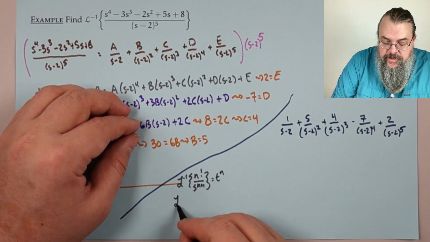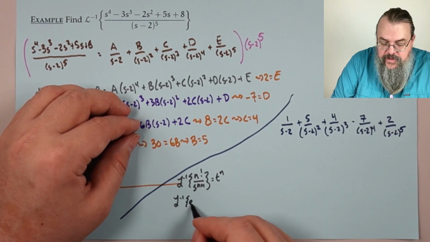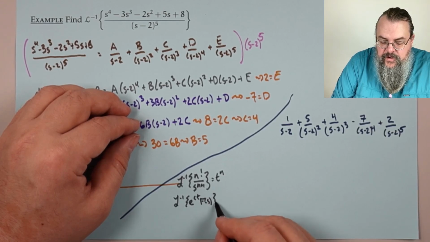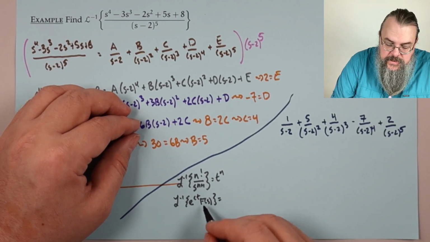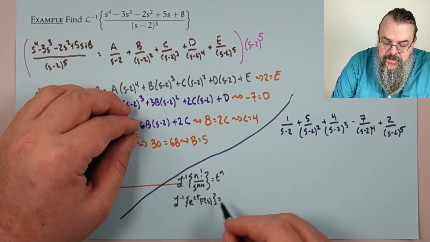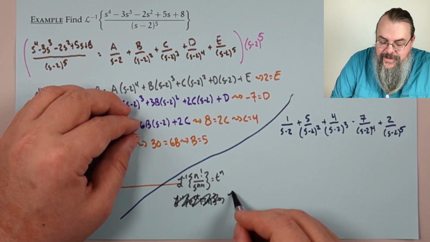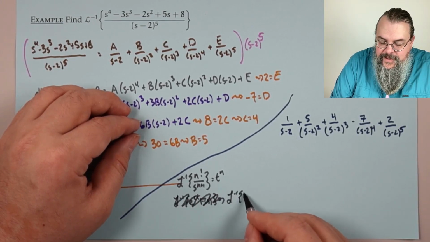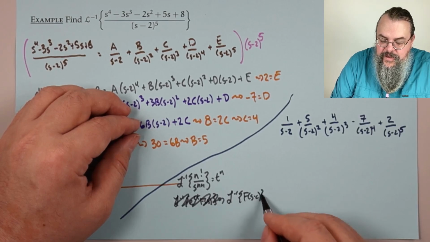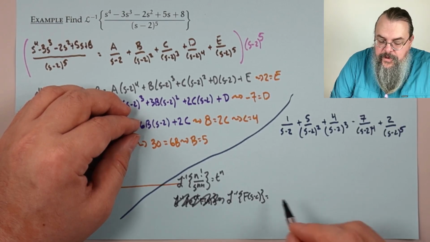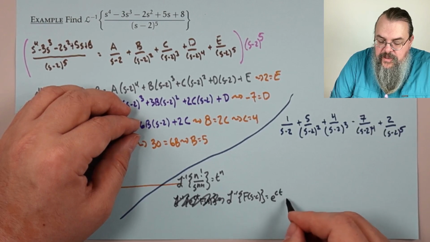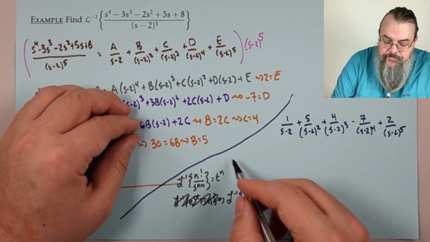We also have that the inverse Laplace of f of s minus c is going to be e to the ct times f of t.